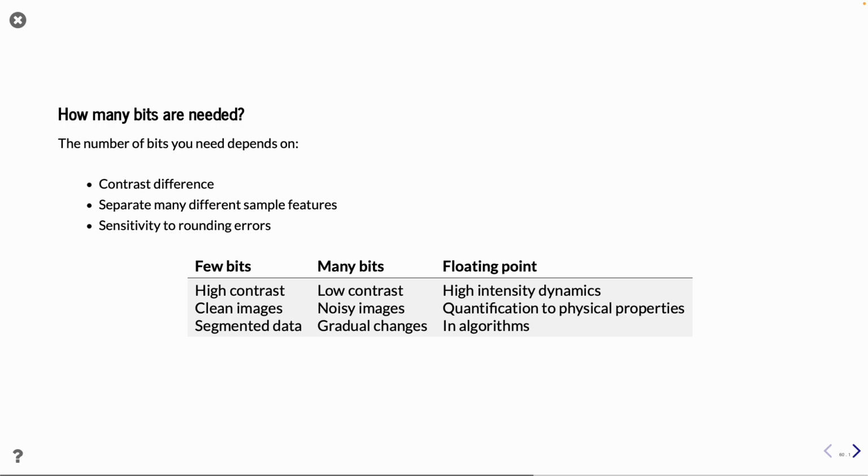Many algorithms do the calculations in floating point. We will see some of them later, maybe not today, but no, we will also see it today. But in algorithms mainly you do the calculations in floating point, and then you may switch back to maybe 16-bit or 8-bit afterwards.